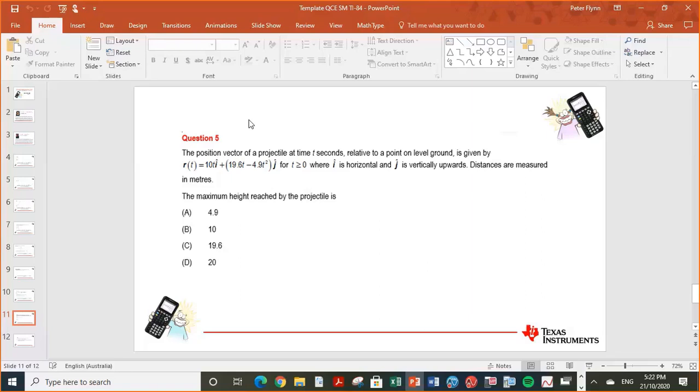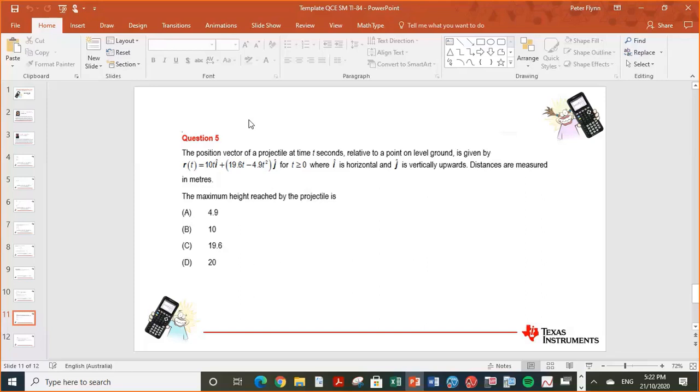And the other point that I would like to make is that in the absence of air resistance, what we're going to see is that the path of the particle, the Cartesian equation that governs the path, is indeed a parabola. And you can see that because you have x equals 10t, you can therefore say that t equals x on 10, and then when you substitute that into the parametric equation for y in terms of t and solve, what ends up happening is that your first term is linear in x and your second term is quadratic in x.